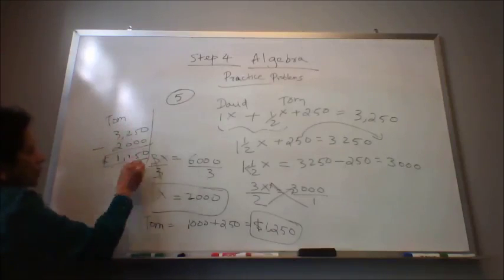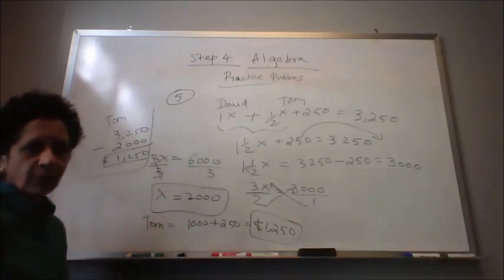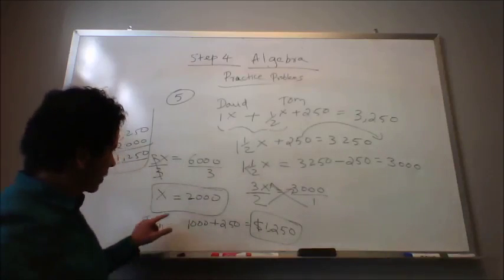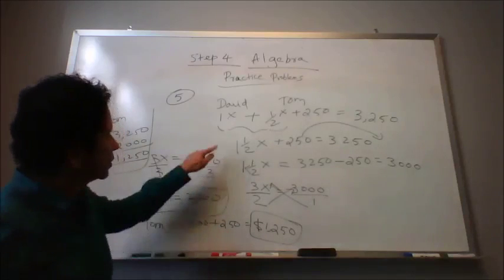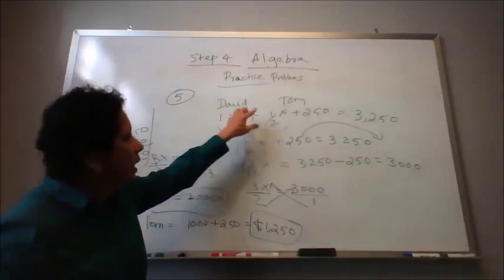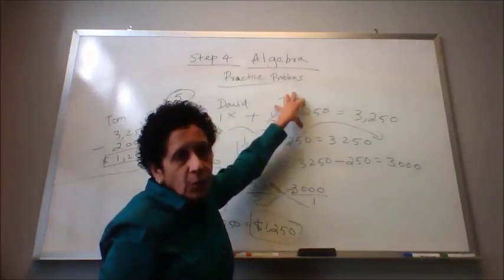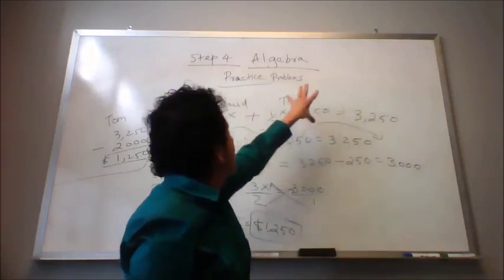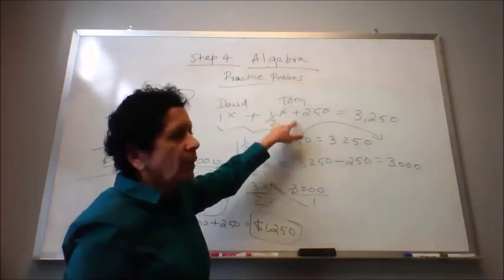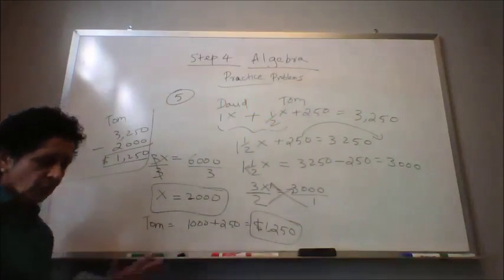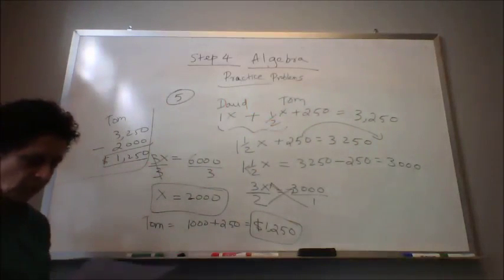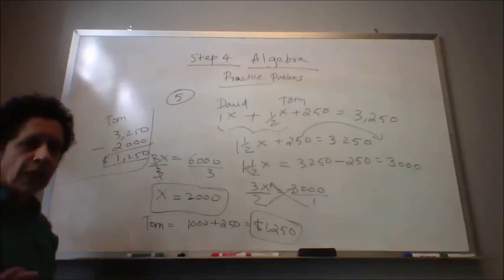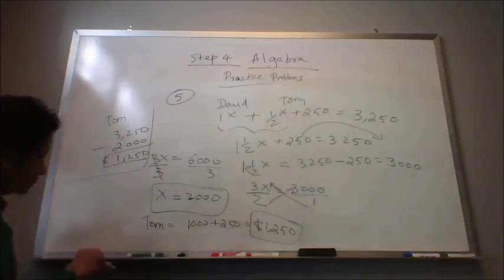So I can do it this way, or I can do it this way. But the key is, as soon as you solve for X, you need to know that's David's. So now I need to get Tom's. So how do I get Tom's? Get the total salary minus David's, then you get Tom's. So you need to go all the way through, read the question, and make sure that you are answering the question.